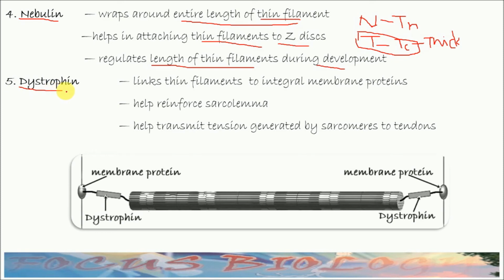Now another protein is called dystrophin. You can see this is the dystrophin molecule, here on both sides. What does dystrophin do? It attaches the thin filament to integral membrane proteins. This one is called the sarcolemma, and these are its integral membrane proteins.